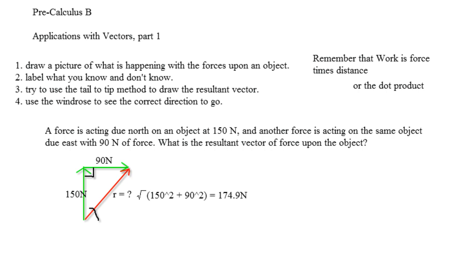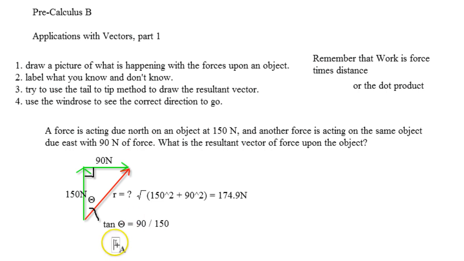All right. So now, obviously, we're going to be using a little bit of trig. So this is going to be a tangent of theta, and we'll call this theta just for the heck of it. If you remember from last semester, theta is the angle, and tangent of theta is going to be 90 divided by 150.